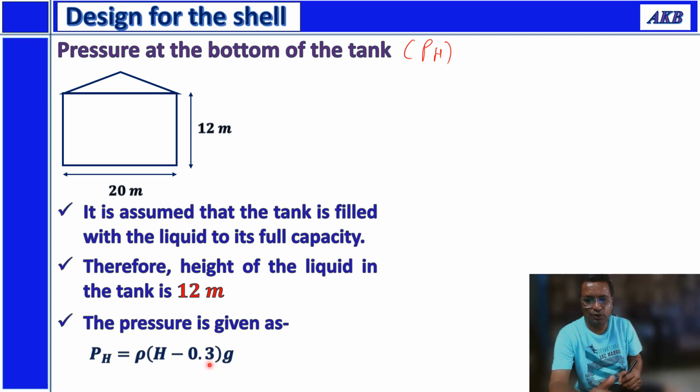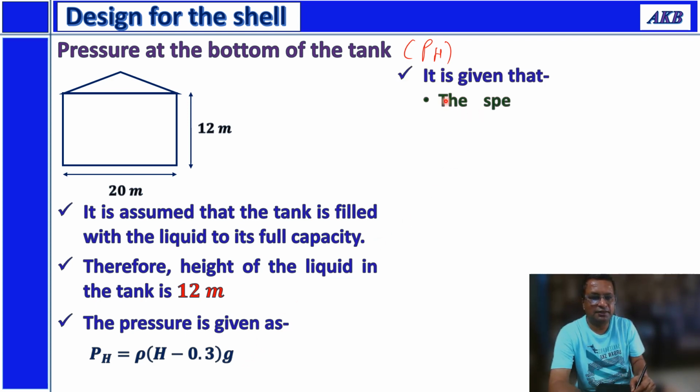So if you are doing the calculations at the bottom, you'll be considering a point that is 300 mm above the bottom. That's why we are considering height to be H minus 0.3. I have discussed all this in my earlier videos on design of storage vessels, so please watch them.